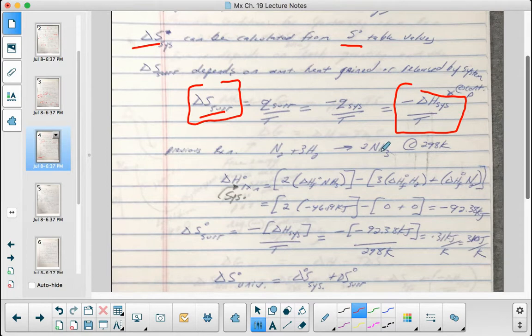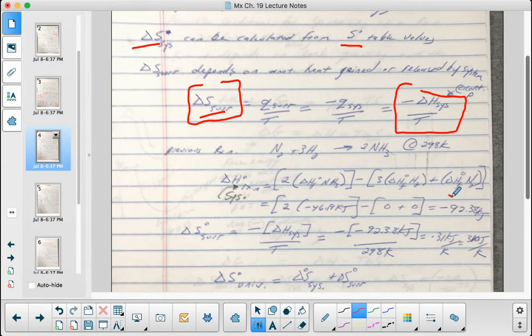And so I calculate my delta H using that equation for the reaction between nitrogen and hydrogen, just like we did back in chapter 5, I get my value.